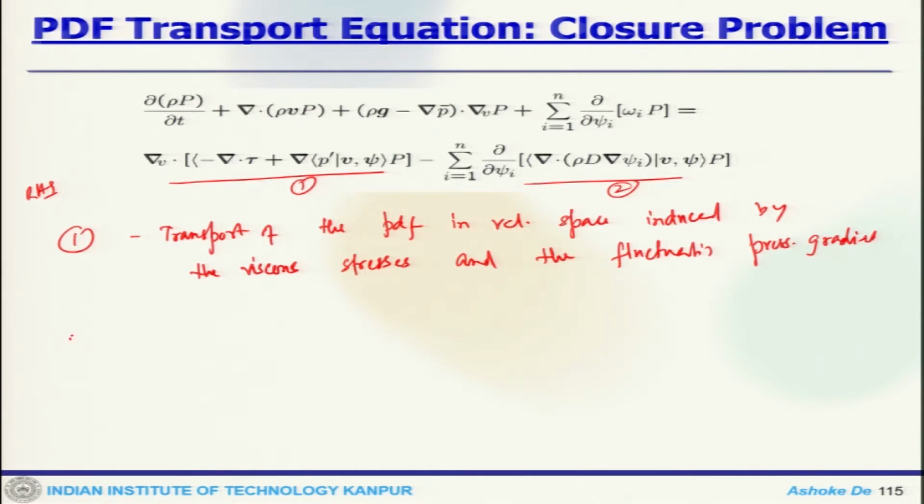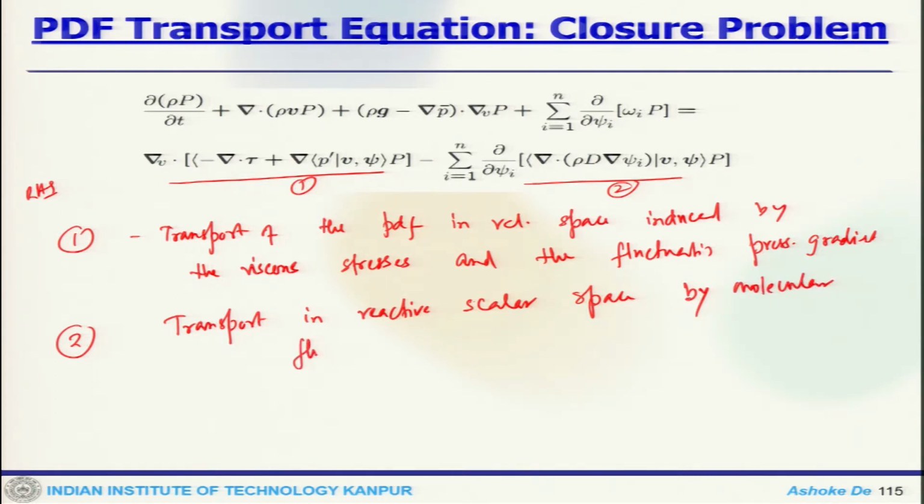The second term represents the transport in reactive scalar space, or composition space, by molecular fluxes. So, this essentially represents molecular mixing.